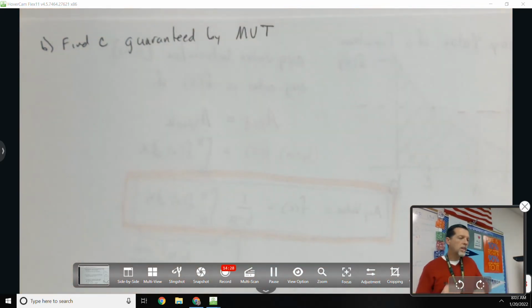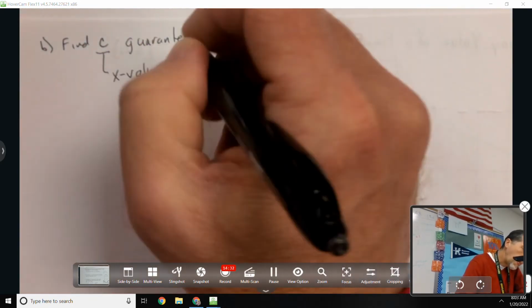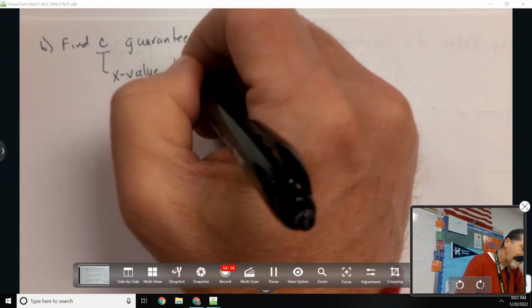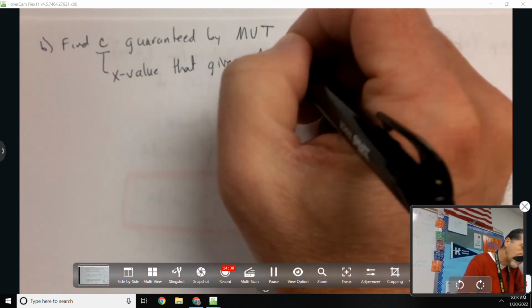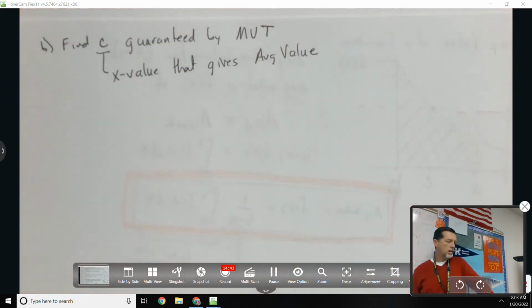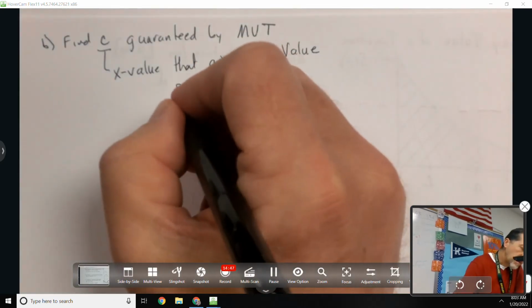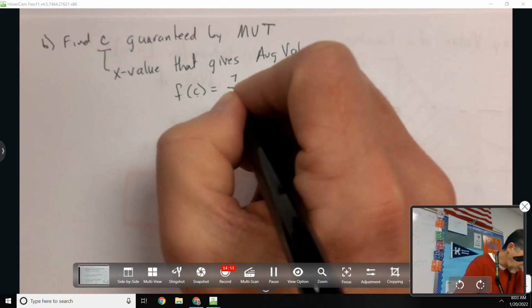So C is the x value that gives the average value, or the average height. So that means there's some C value. If we plug it in, our answer is 7/3.